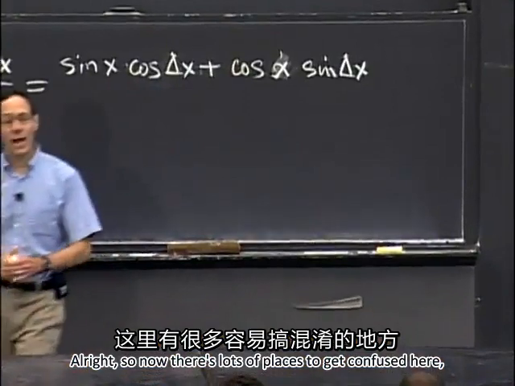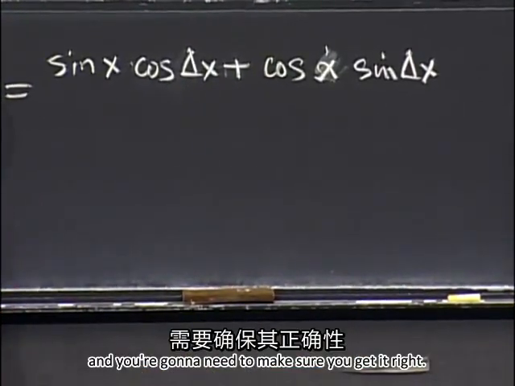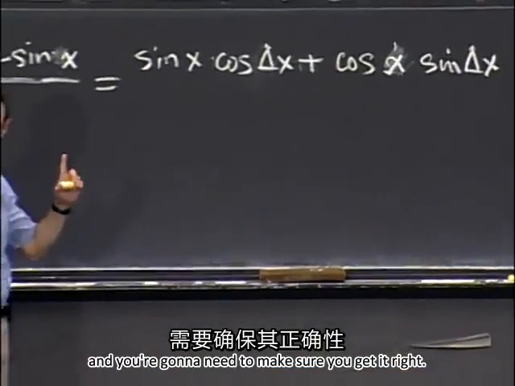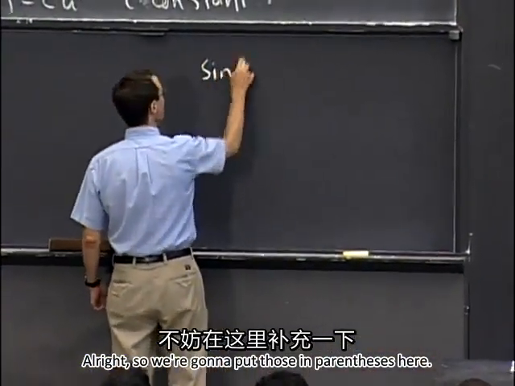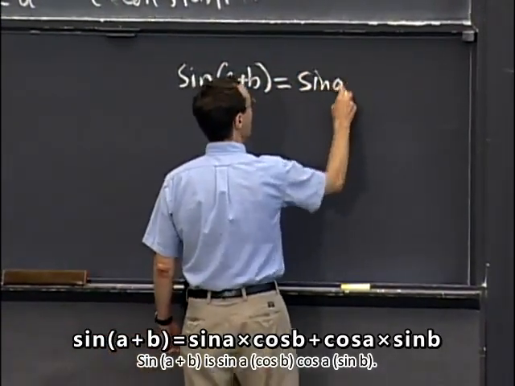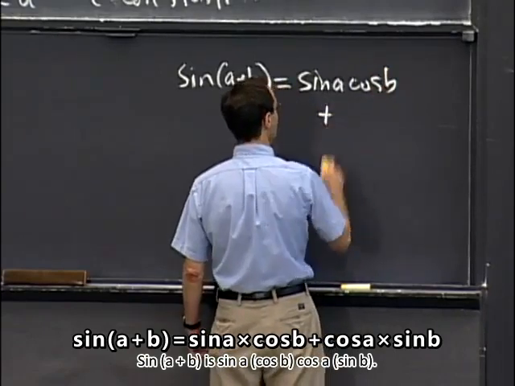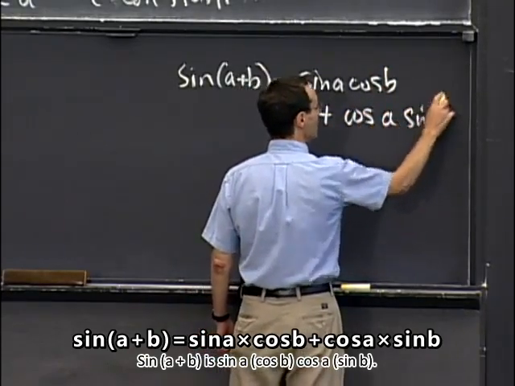All right? So now, there's lots of places to get confused here, and you're going to need to make sure that you get it right. So we're going to put those in parentheses here: sine of a plus b is sine a cos b plus cos a sine b.